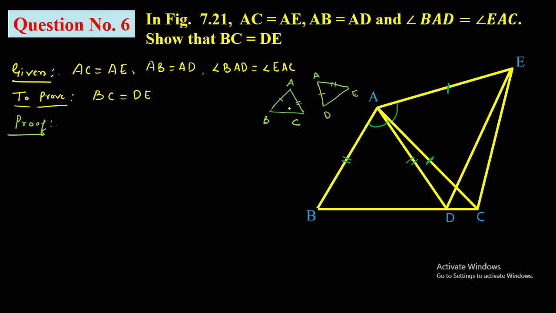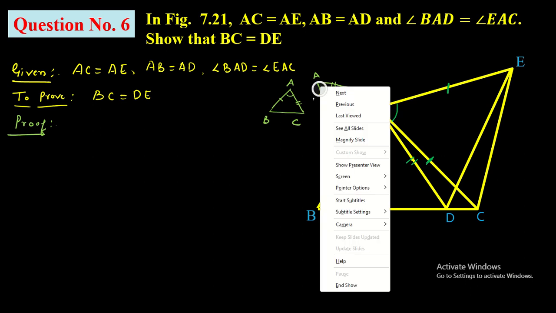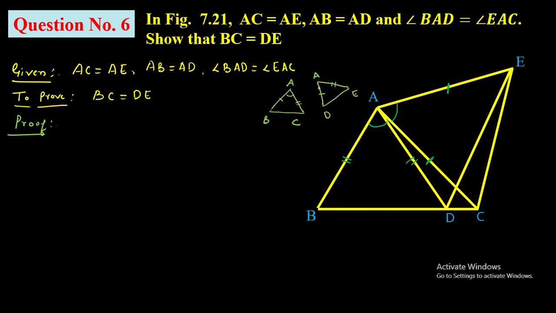Now, we can prove that the two triangles are congruent if angle BAC is equal to angle DAE. But it is given that angle BAD is equal to angle EAC, which are the parts of angle BAC and angle DAE. So first we will try to prove that angle BAC is equal to angle DAE. Then it will be easier for us to prove that these two triangles are congruent.